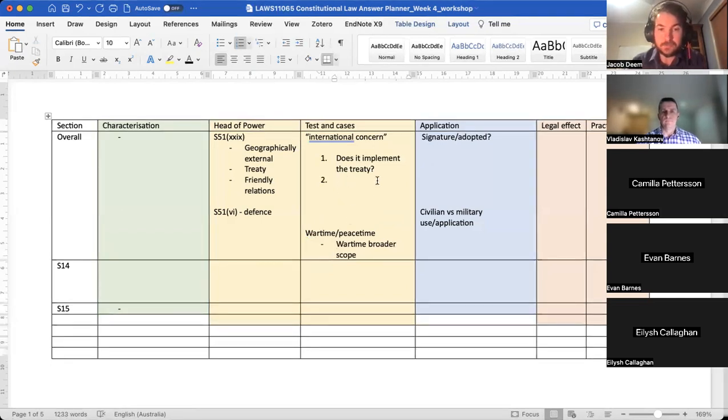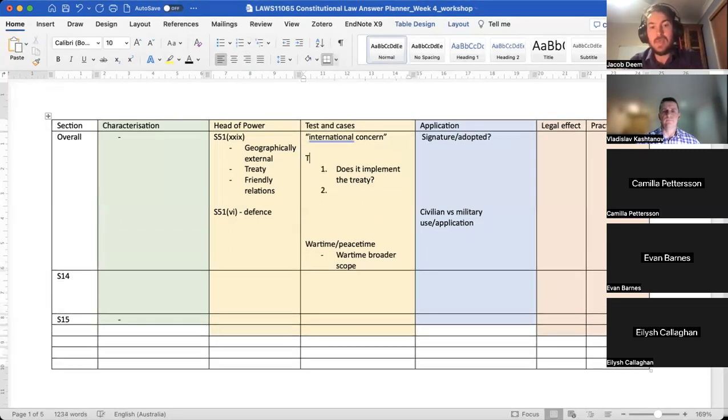So in terms of thinking about whether the law in fact implements the treaty, there's got to be that connection. Yeah, absolutely. There's a second step that we need to be thinking about. We've got to have more than just the implementation, or we've got to think about more than just does it implement the treaty. We've also got to think about the nexus requirement.